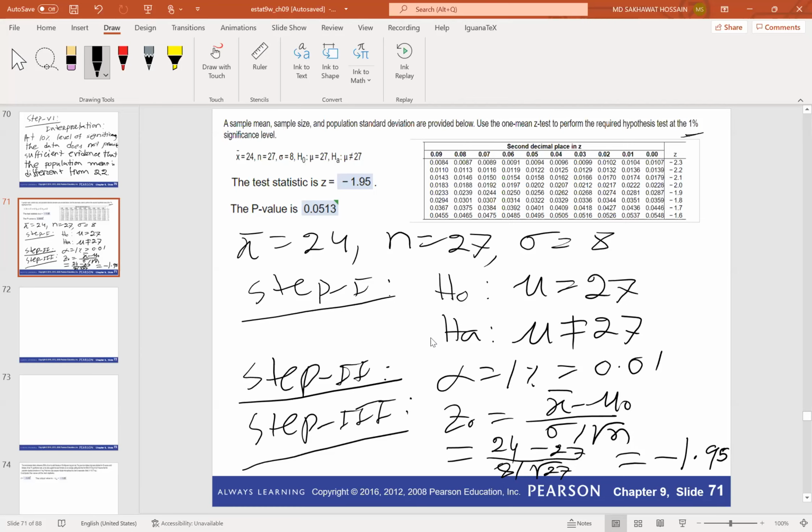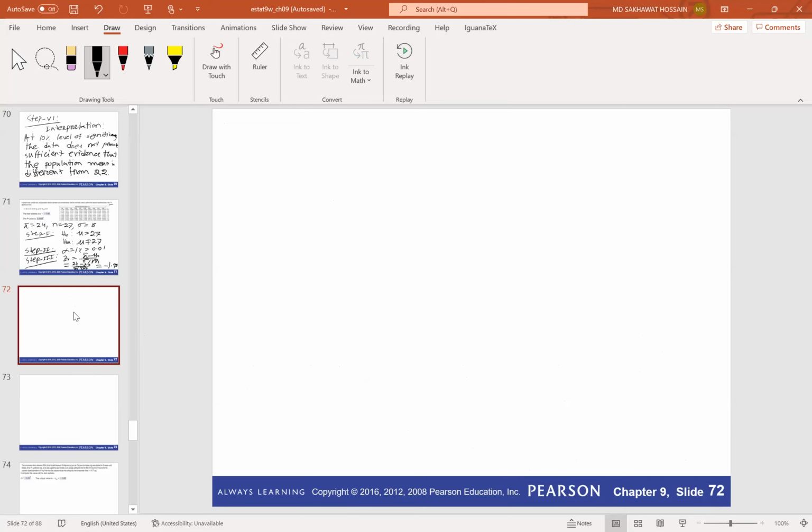Do you have any question? If you do not have any question, now we'll calculate the p-value. Step 4.